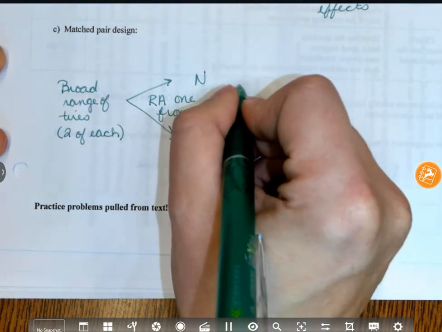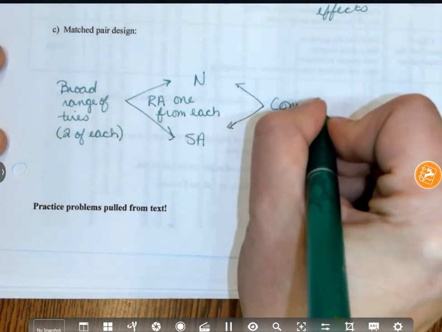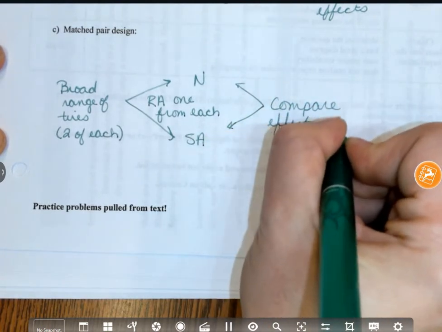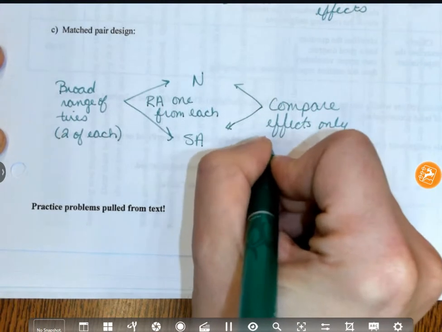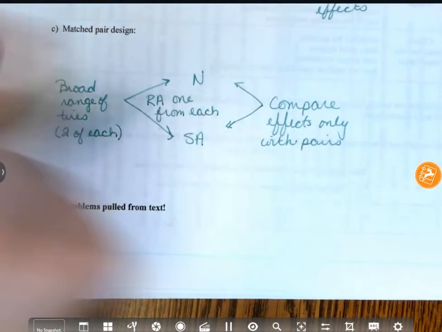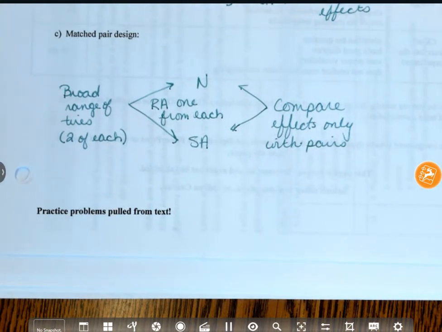And then I'm going to compare the effects only within the pairs. I'm only going to look to see how it affects, and compare it within those pairs.